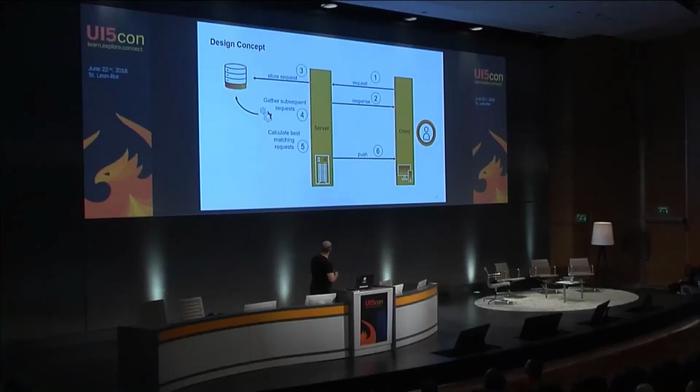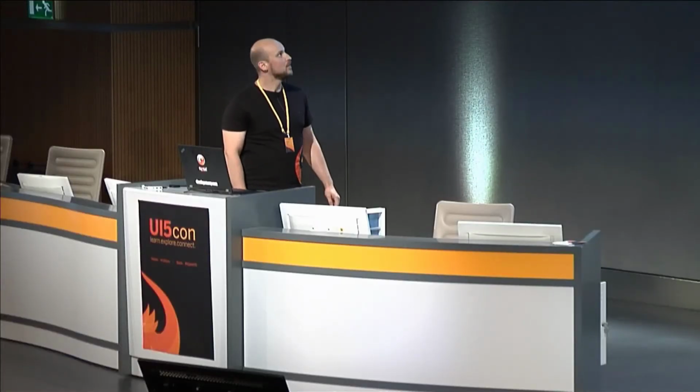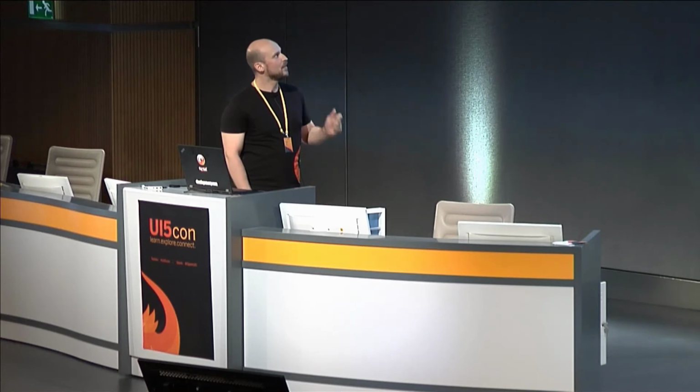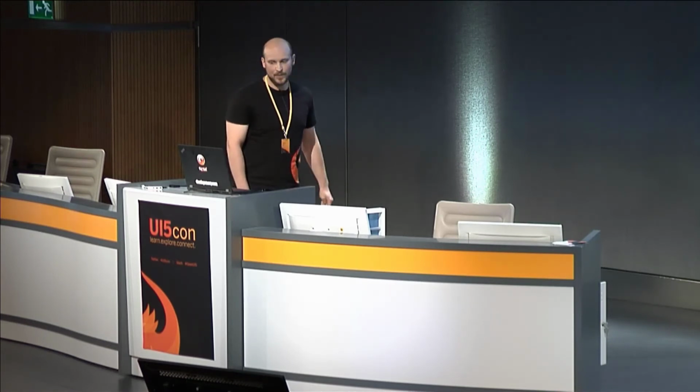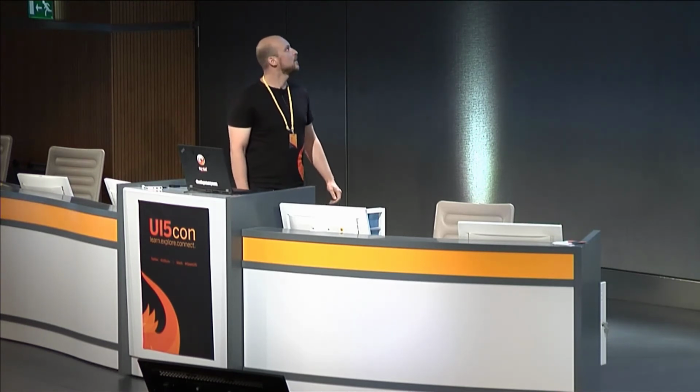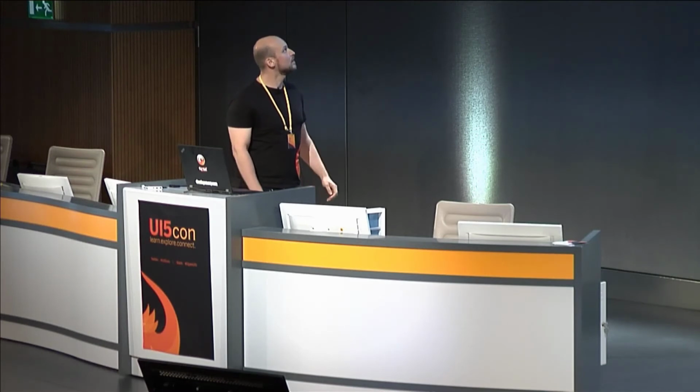So some in-depth: this is basically the design or the architecture. Bubbles 1 and 2 you already know. Typically you request something from the server and the server responds. So nothing new there. But in step 3, I asynchronously store every request in a database.